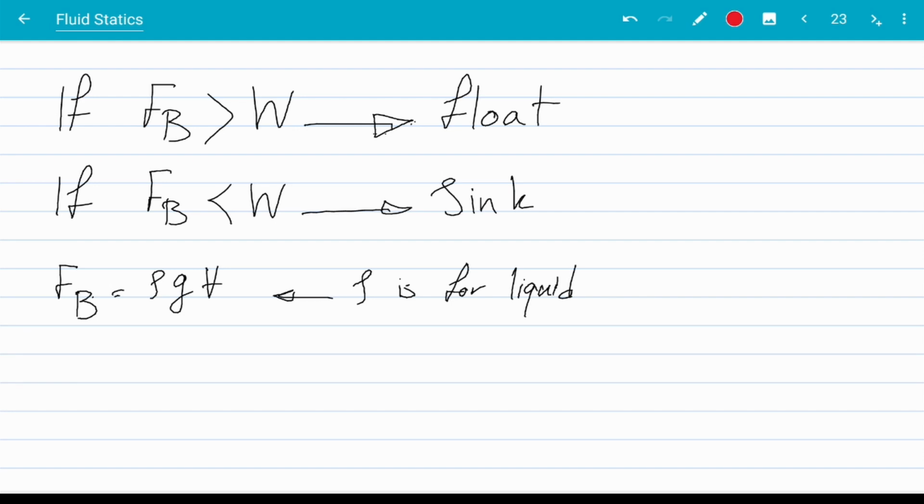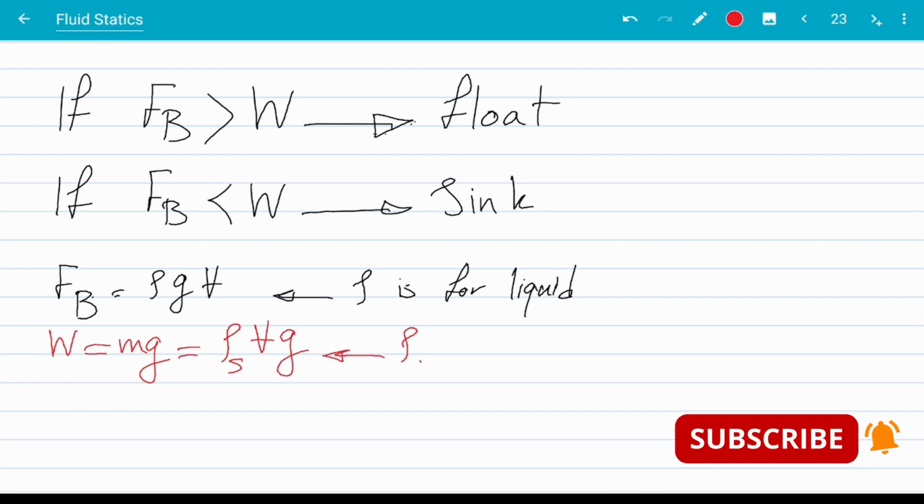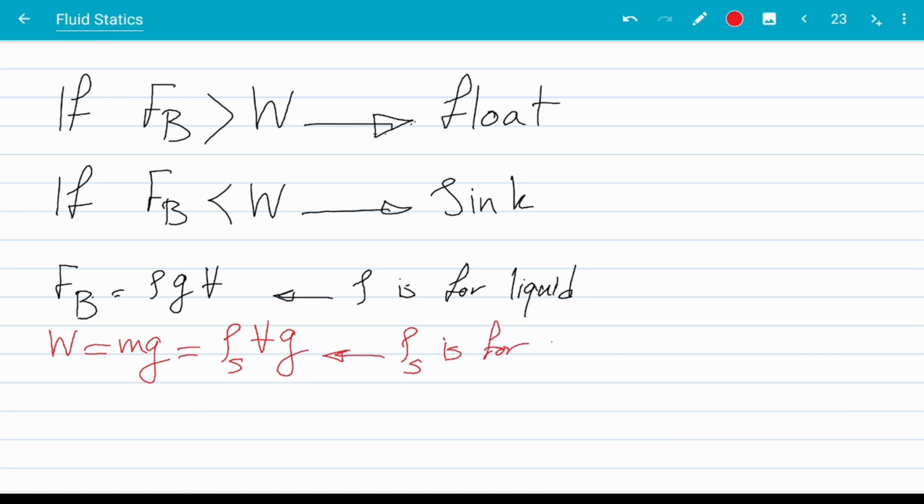We can write the weight of the solid object in the same shape. I can say, okay, W is mg, we already know that. But then I can play with the m and say it's rho of the solid, volume of the solid, g. Here, rho_s is the density of the solid.